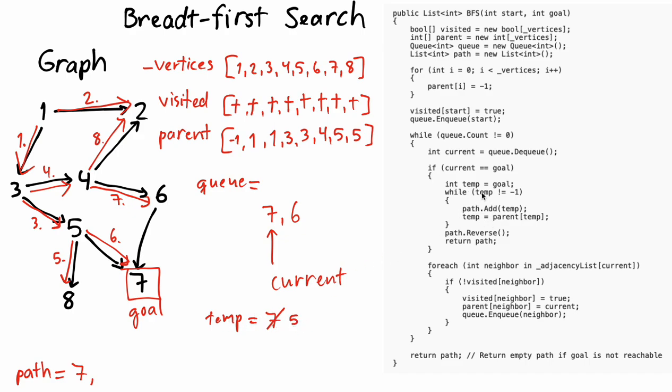And after that, we make this while loop again, and we add this temp to that path, and we set a new temp value, and number 5's parent is number 3. And we do this while loop again.